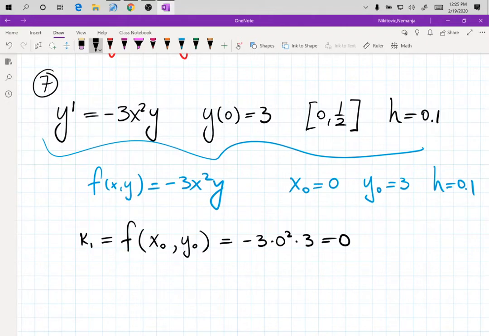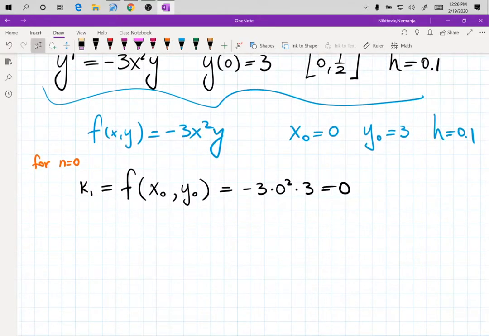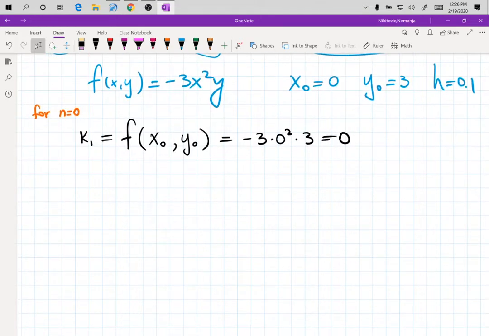The next one is to calculate, you know what, maybe I should just say, for n equals 0. So the entire calculation here would be for n equals 0.